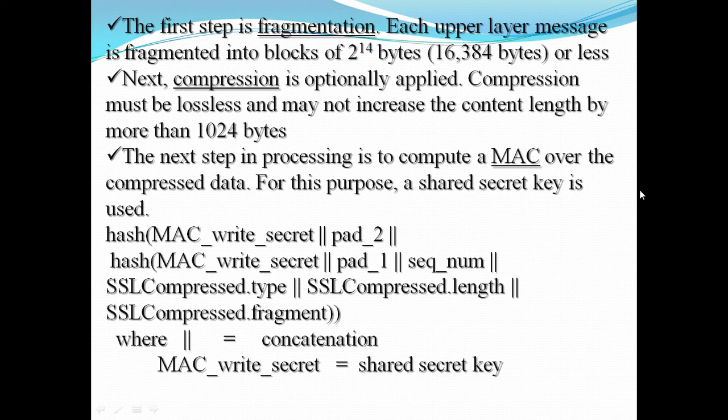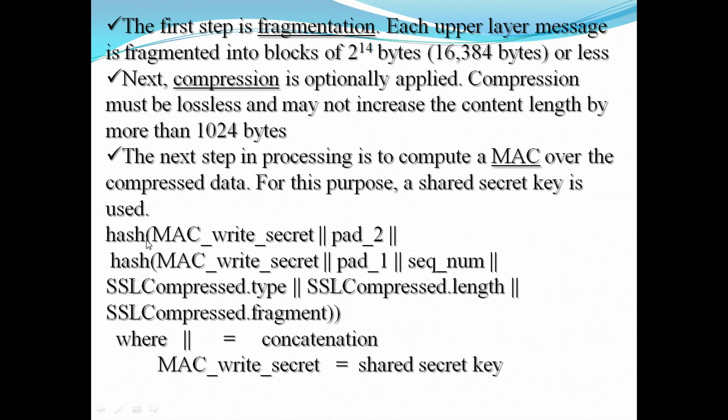So what we can use here is, first, the hash algorithm. It is a big hash computed on the MAC write secret, concatenated with pad 2, again concatenated with the hash of MAC write secret, pad 1, sequence number, compressor type, compressor length, and then the fragment. This is the final hash, and all of this is internal.